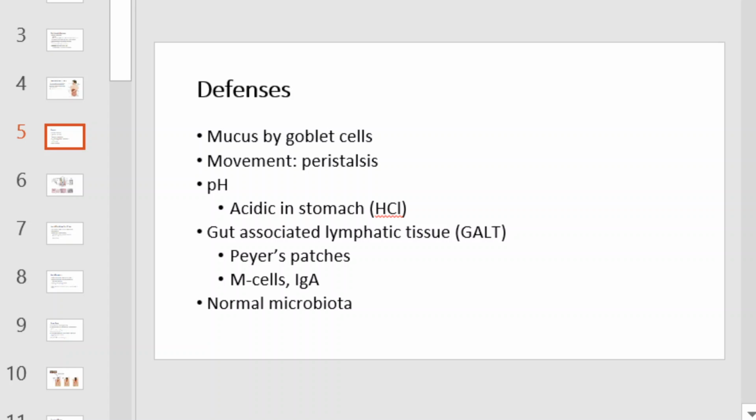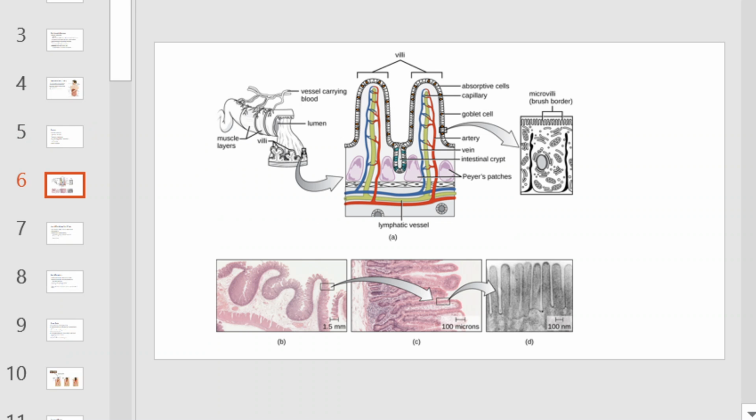Mucus produced by goblet cells, the movement of that mucus using peristalsis, and the pH of the GI tract are all effective lines of defense against the growth of pathogens. Gut-associated lymphatic tissue and the normal microbiota that exist in these areas round out the GI tract's lines of defense.